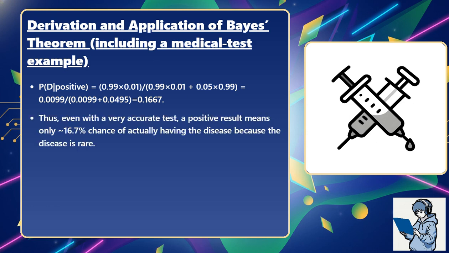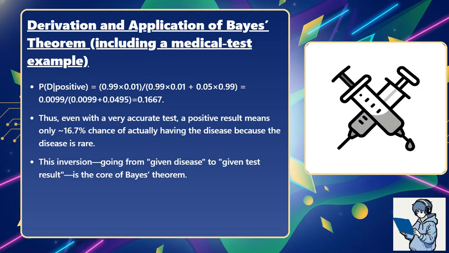Thus, even with a very accurate test, a positive result means only about 16.7% chance of actually having the disease because the disease is rare. This inversion, going from given disease to given test result, is the core of Bayes' theorem.